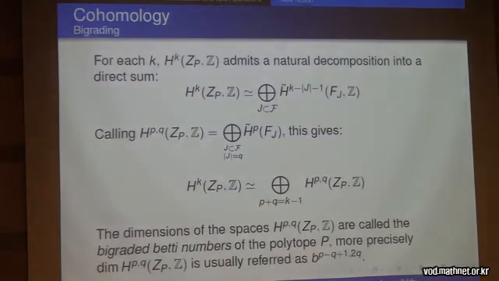But what is important for us is that the cohomology can be decomposed into summands, and we have this decomposition.